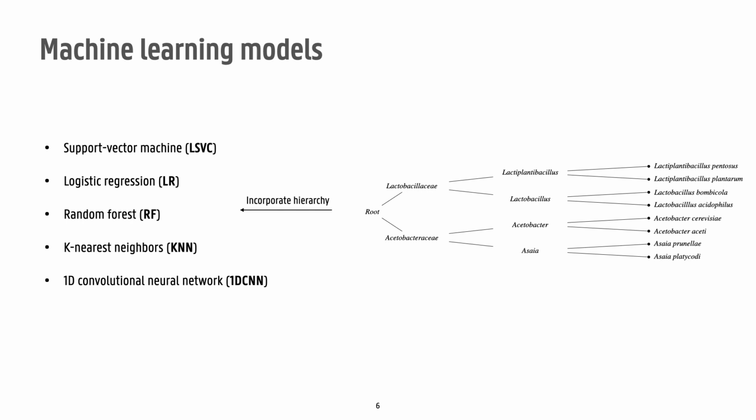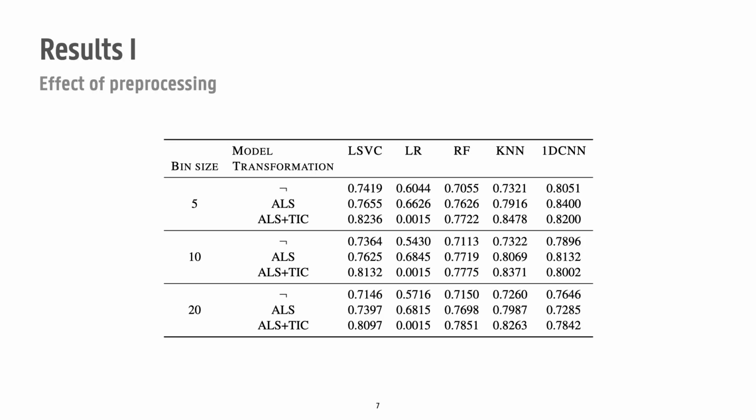In contrast, a hierarchical classification model will incorporate hierarchical information for classification purposes. In our experiments, we analyzed different classifiers which can be applied to a large-scale classification setting, such as support vector machines with a linear kernel, logistic regression, random forests, k-nearest neighbors, and a one-dimensional convolutional neural network consisting of one-dimensional convolutional, batch normalization, and max pooling layers.